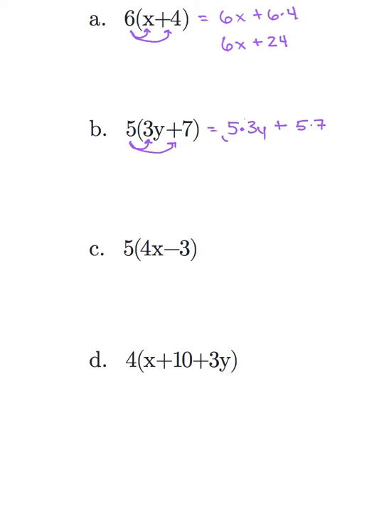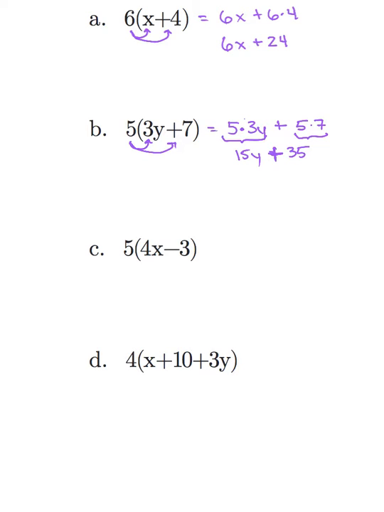If we simplify each one of these terms, we get 5 times 3y is 15y, and 5 times 7 is equal to 35. And, sorry, this should be a plus sign. We're not to the equals. We get 15y plus 35.